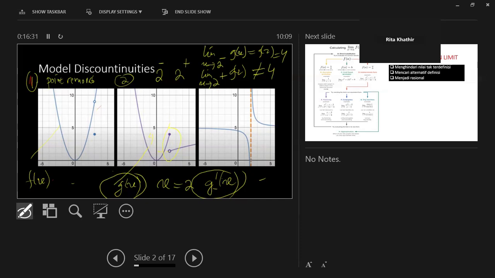We can only choose one. So when we have x equals 2, then the value is only 1, that is 4. When we go to x approaches 2 plus, then we can say the function g of 2 is not equal to 4. Then there is no limit if the left hand side is different from the right hand side. The limit only happens when the left and the right hand side are the same.